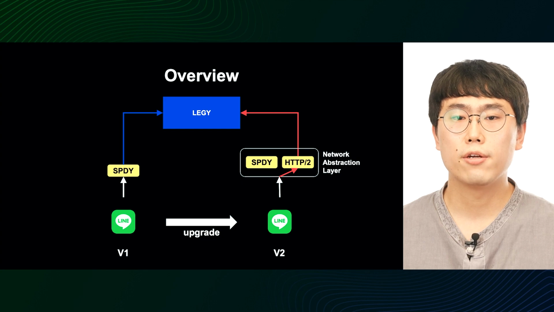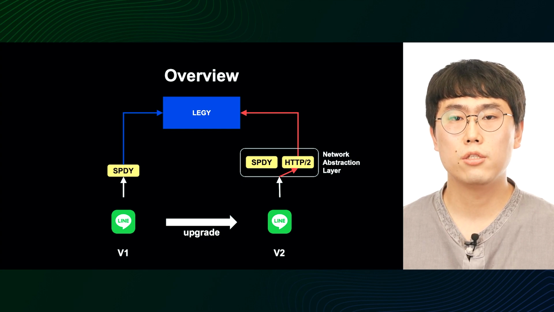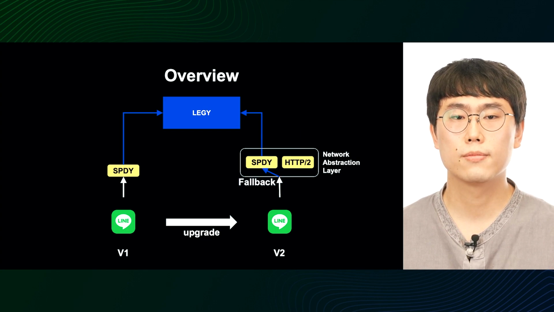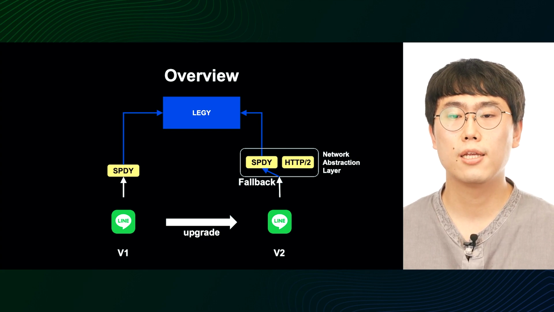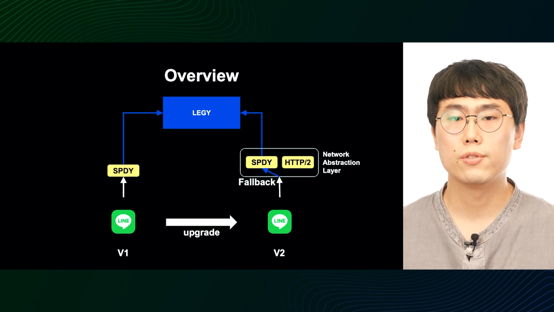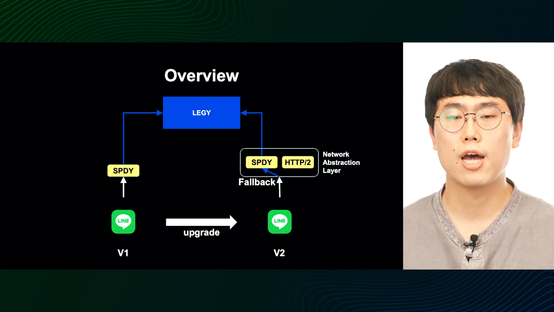This abstraction layer is useful not only for HTTP2 migration, but also for future protocol updates. When something wrong happens, the abstraction layer detects it and switches to SPDY. Thus, the client can use LINE services without any problem like the previous version.